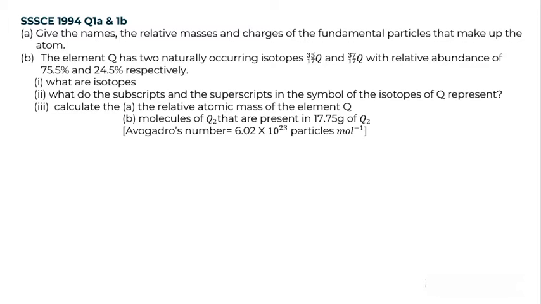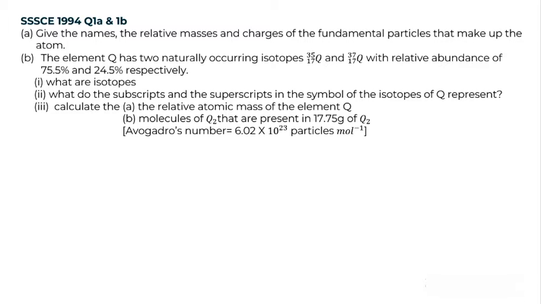And III, we have to calculate A, the relative atomic mass of the element Q, and B, the molecules of Q2 that are present in 17.75 grams of Q2, given that Avogadro's number is 6.02 times 10 raised to the power 23 particles per mole.